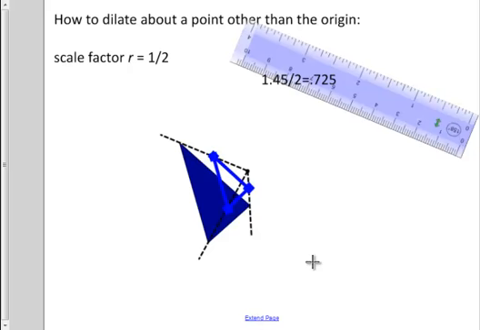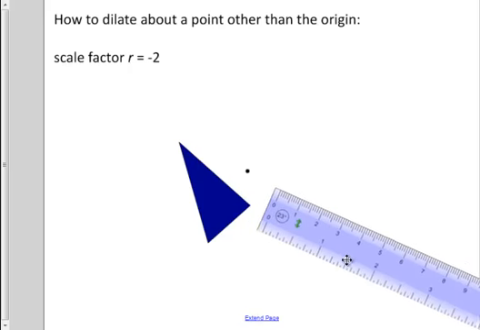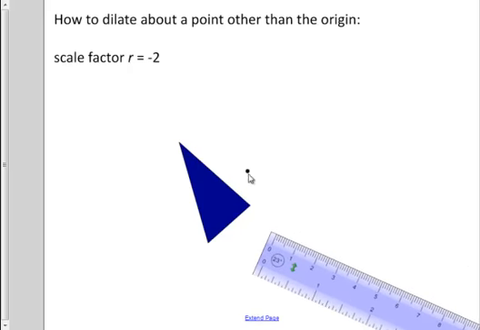Notice also that when we have a positive scale factor, the images and the pre-images are on the same side of the center of dilation. What about if the scale factor is -2? Okay, so this image is exactly like last time, and the only difference is we have a negative scale factor. So what this is going to cause to happen is, instead of doubling the distance, the negative sign is actually going to tell us to go in the opposite direction.